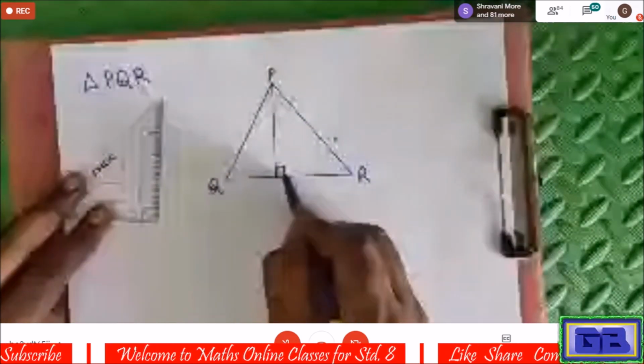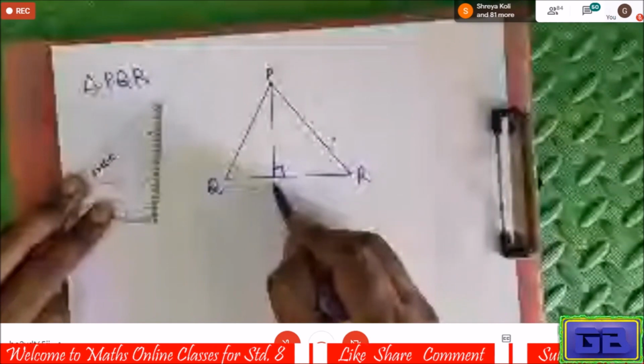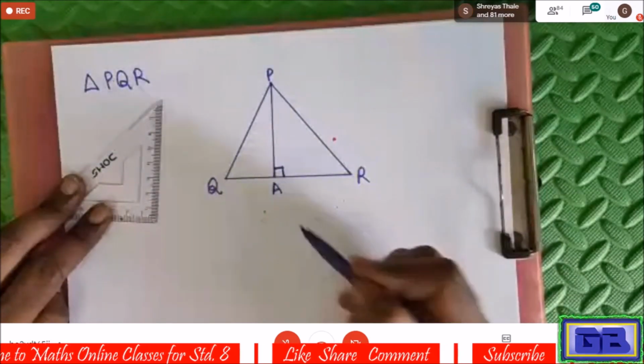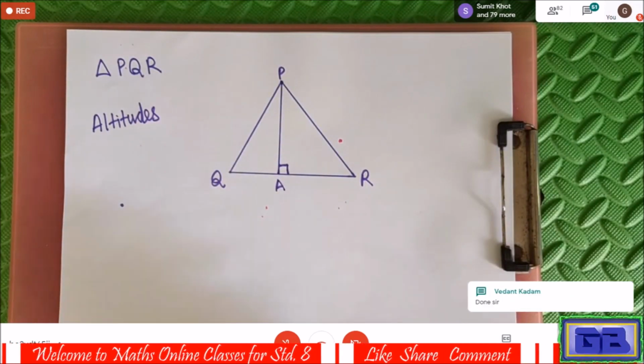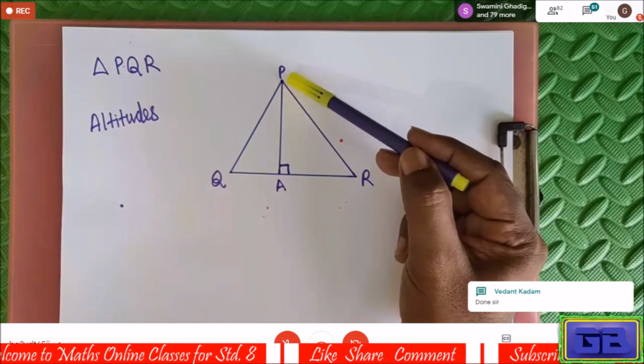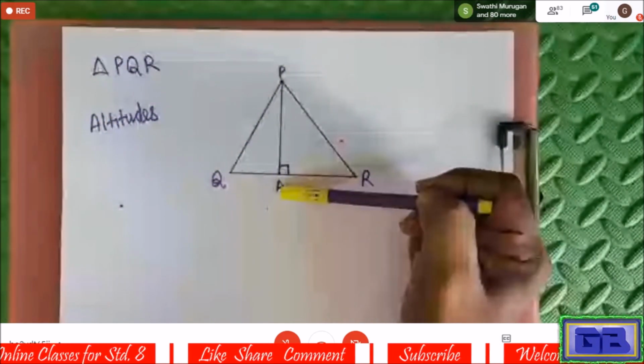Draw the symbol of perpendicular. I will give here the name A. We got one altitude segment PA.